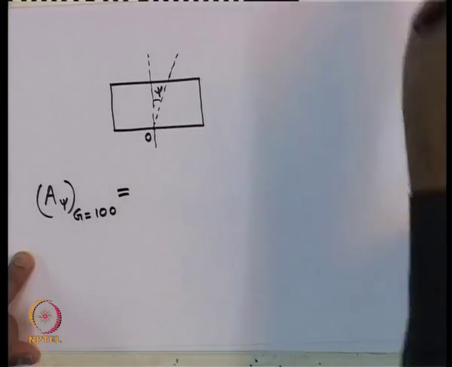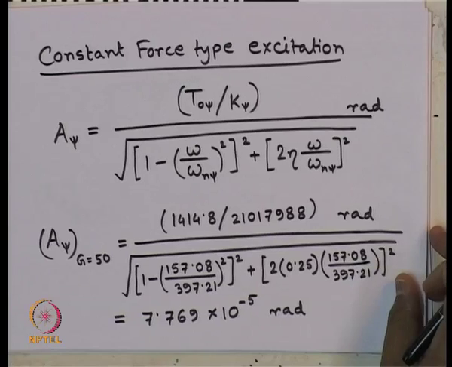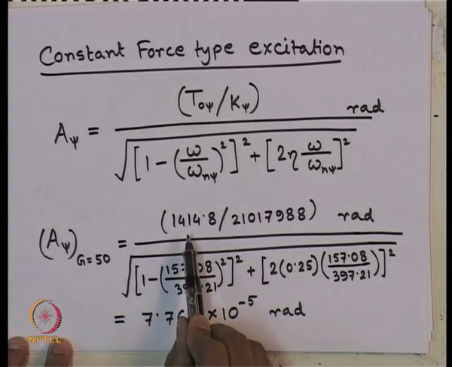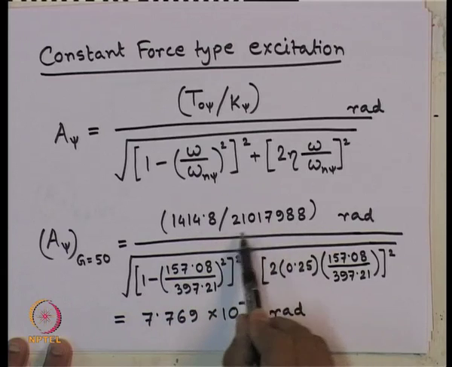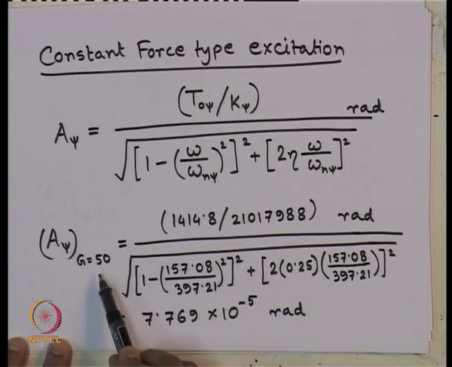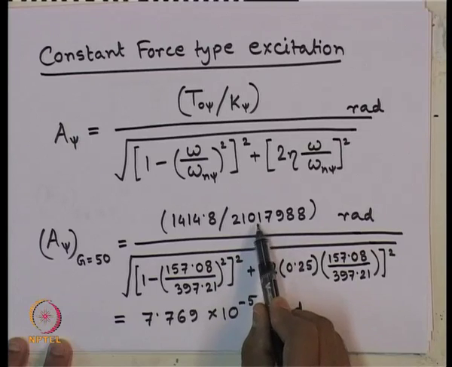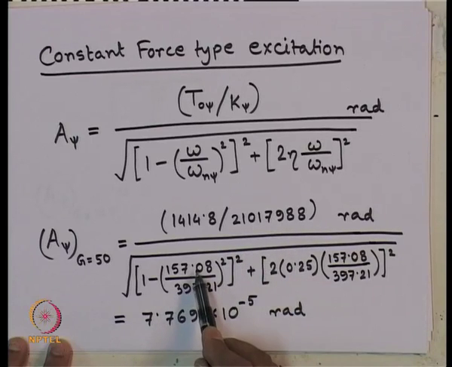Similarly, in the previous expression, what changes will now occur? Let us see. T naught psi remains the same, K psi changes as the soil changes to 100, this will become double. Omega remains the same, whereas omega n psi changes to 545.91.